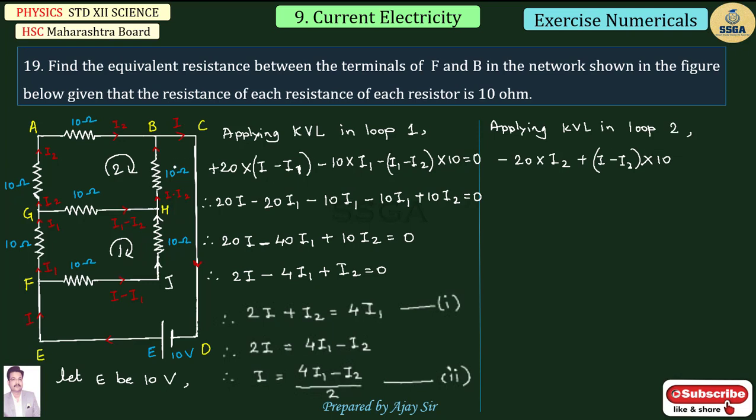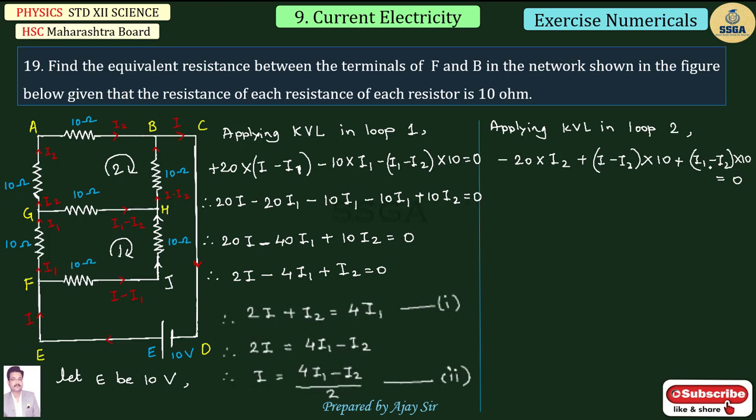They are opposite, so that is why it is positive. Now at this point, the direction of tracing is this and the direction of conventional current is opposite. So again the EMF is positive. In this case it is I1 minus I2 into 10, which is equal to 0.